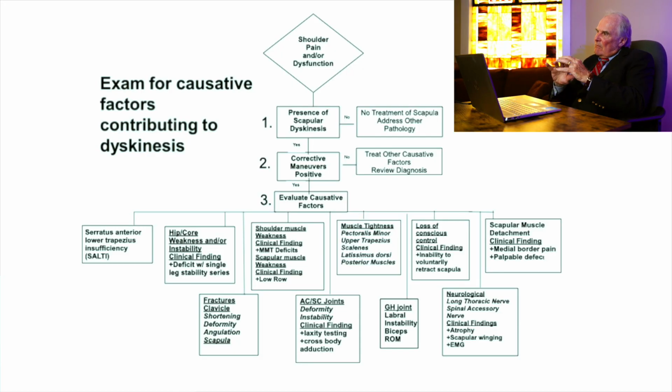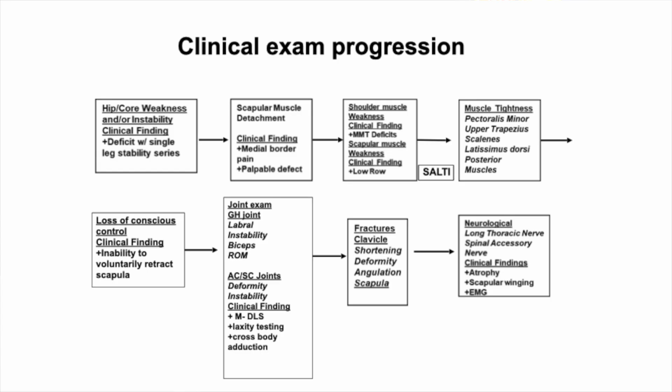So if you have these tests that are positive, then you have to, once again, do the evaluation of the causative factors. And as I mentioned, there's a lot of them as listed here, but you can actually go in an exam progression. You can look at the hip and core first, look for scapular muscle detachment, measure scapular, periscapular and shoulder muscle strength, look for muscle tightness by palpation, look for this thing called loss of conscious control, which I'll show you in a minute.